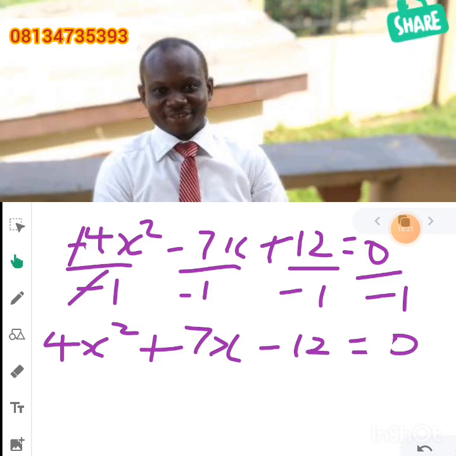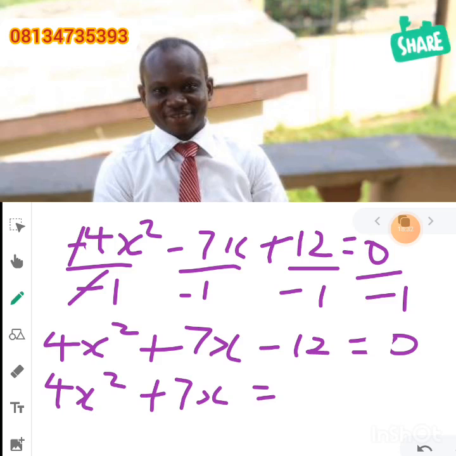Now the second rule says we have to take the constant term to the right hand side. So we have 4x squared plus 7x equals 12. The third rule says we are to find the square of the half of the coefficient of x. The coefficient of x here is 7.